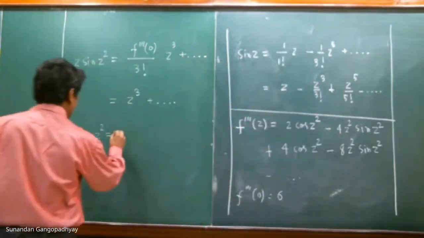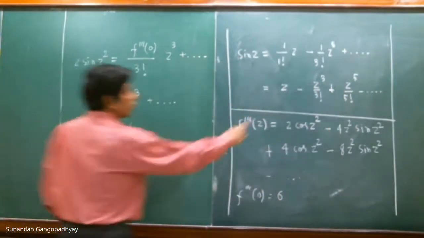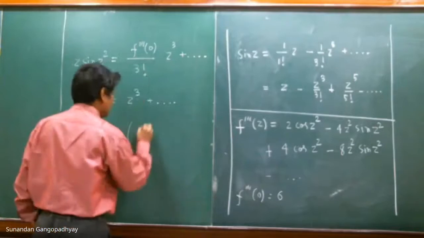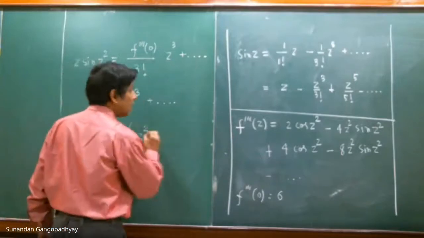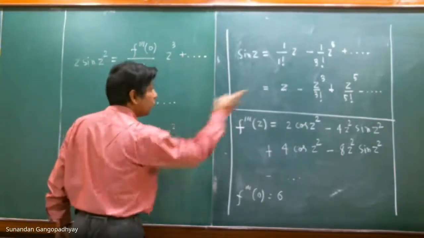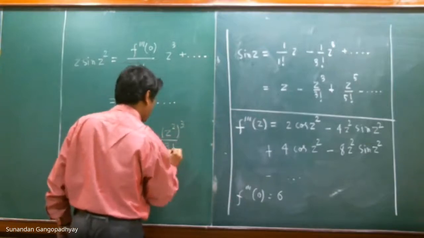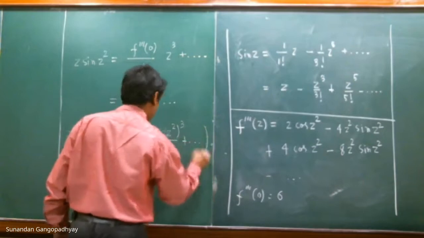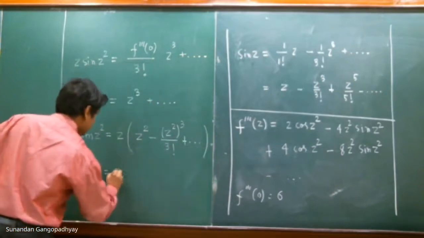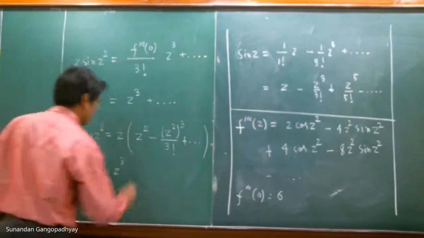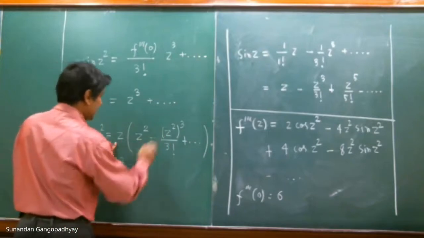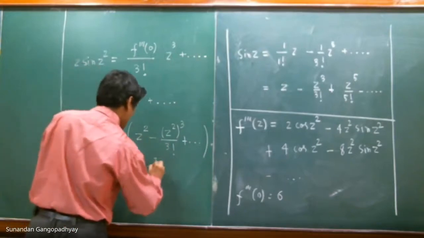So the first term is z square. The next term will be z square to the power of 3, so it is z square cubed by 3 factorial, and so on. This will be z cubed minus z to the 7.